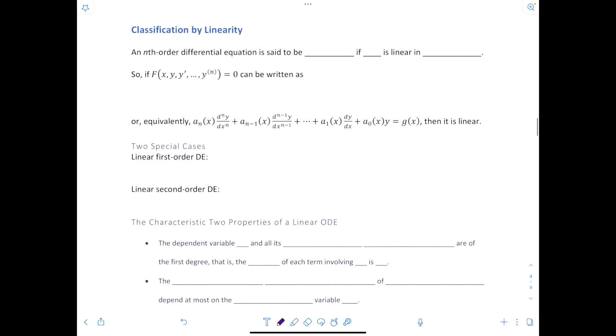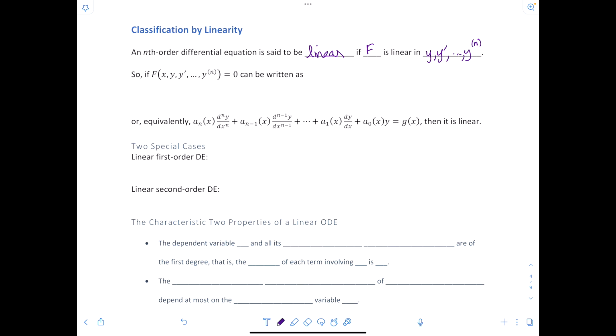Classification by linearity. An nth order differential equation is said to be linear if capital F is linear in y, y prime, all the way to that nth derivative of y.